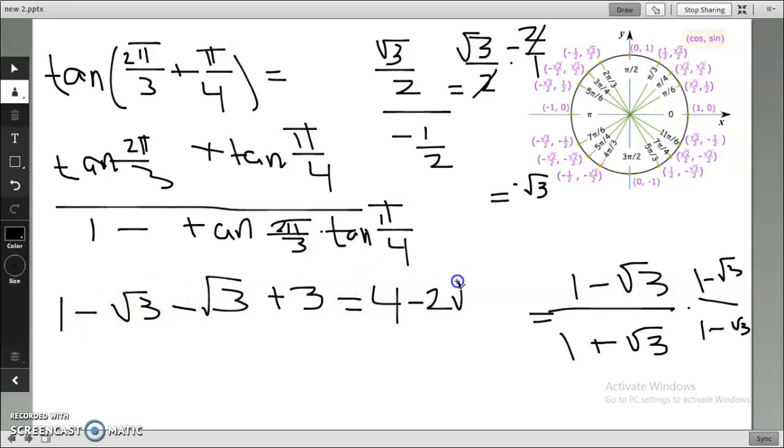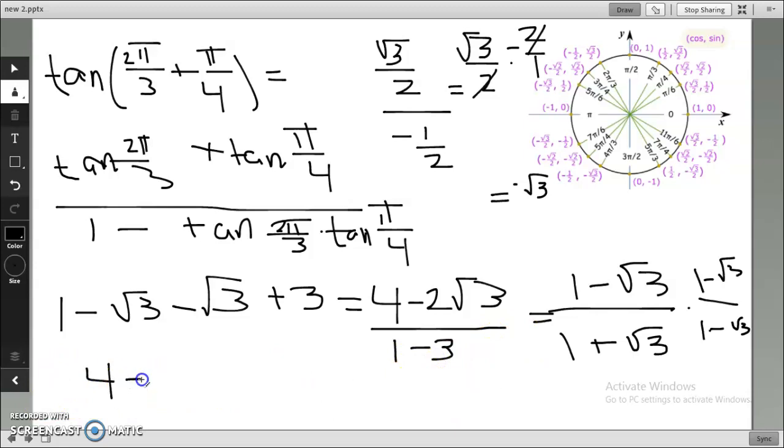minus 2 root 3 over, and then I have the difference of squares, so that's going to be 1 minus 3, which is, again, I've run out of space.